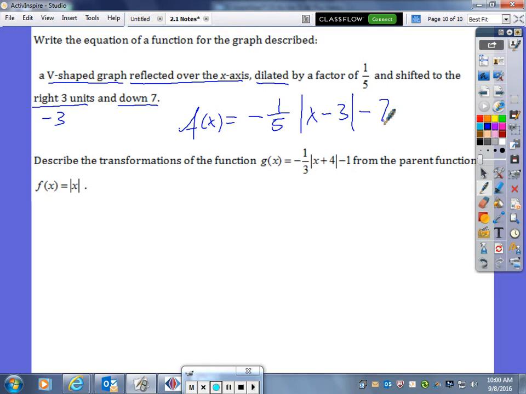And now let's look at the next example. Describe the transformations of the function. We're given the equation, and let's describe in words how this graph is transformed from the parent function f of x is equal to the absolute value of x.